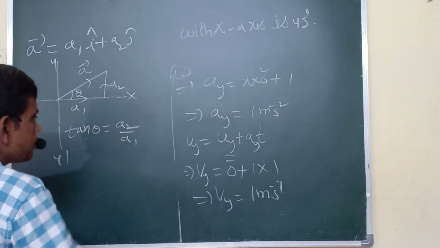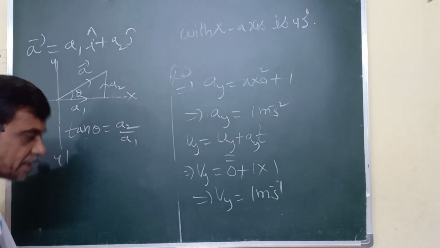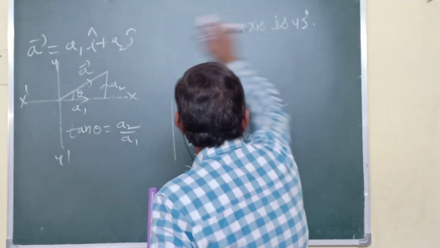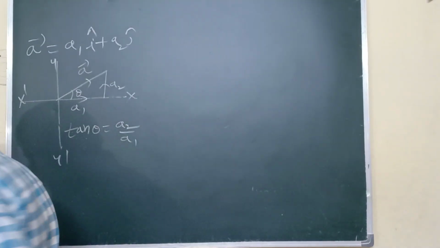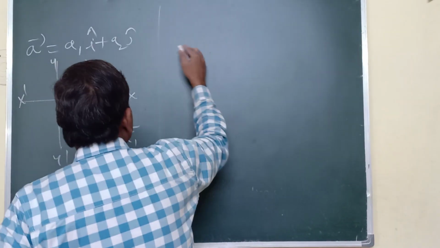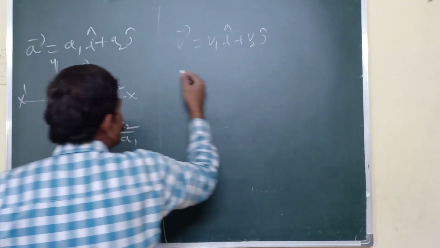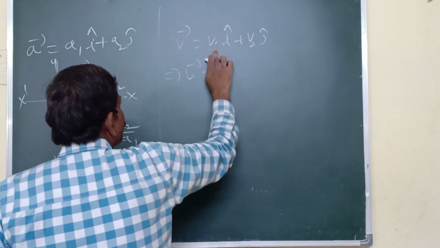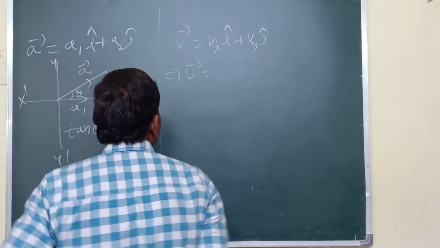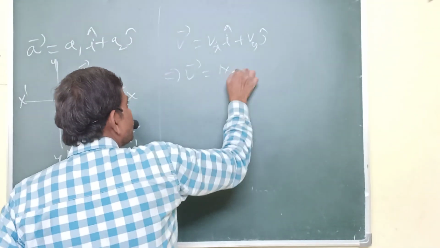Here we want to find the velocity vector. So velocity vector means V equals V1 i plus V2 j, same like this only. For example, here at 1 second, what is the velocity vector? Vx i plus Vy j. In the x direction, 1 only.